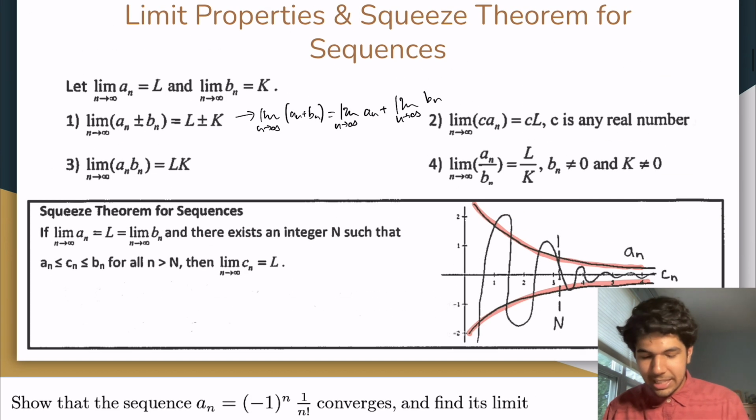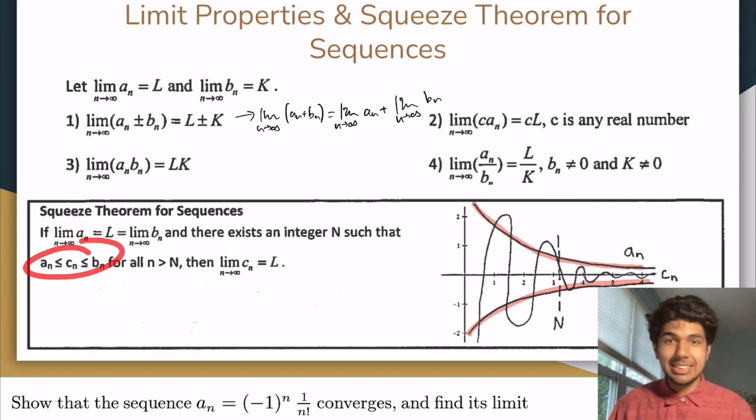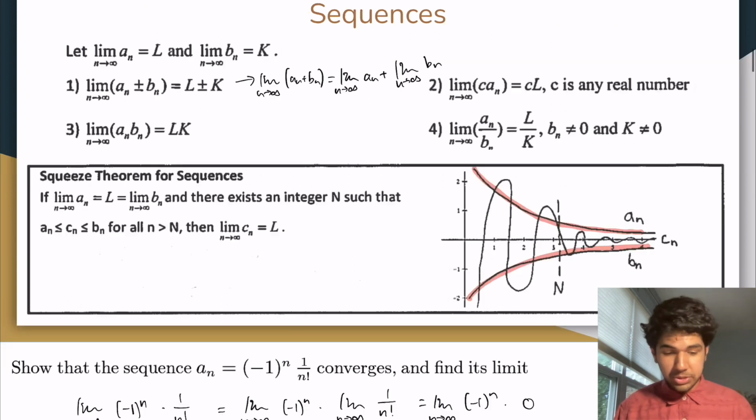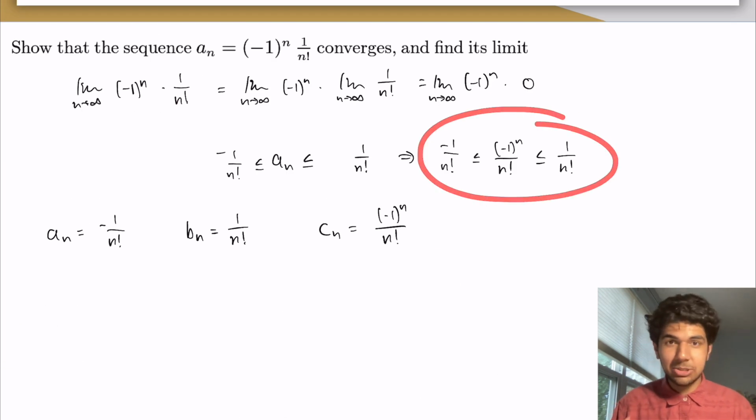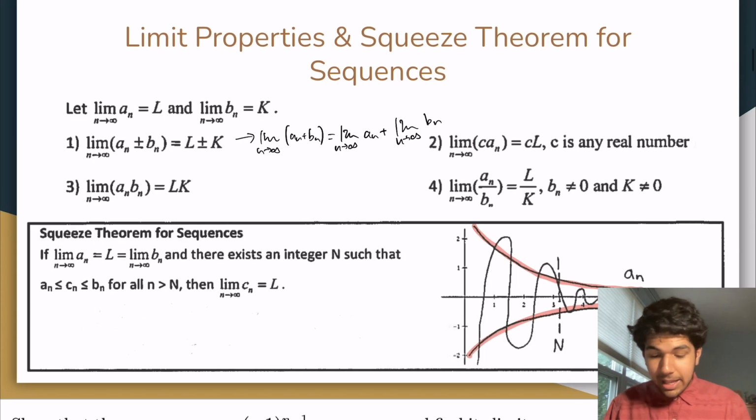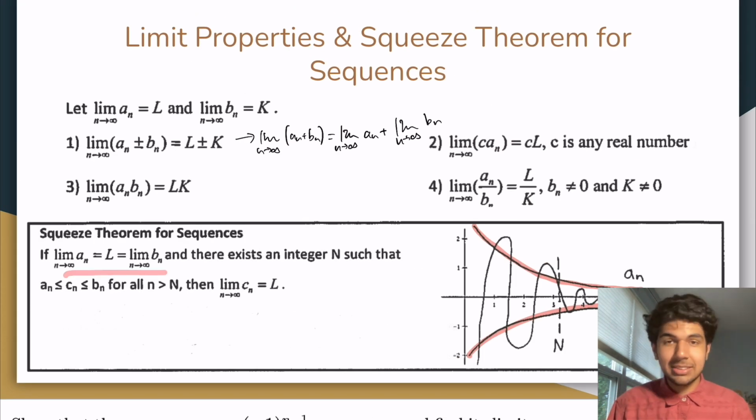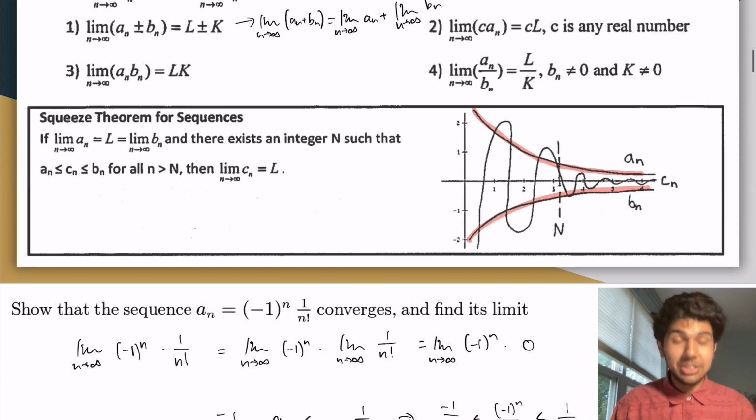From before, we said if this inequality holds, c is in between a and b for all n greater than N, which is what we have here, this holds true for all n, then if these two limits equate to the same value, we can conclude that the limit of our third sequence equals L. So let's hope that those limits do equate to the same value, and if they do, then we're good.